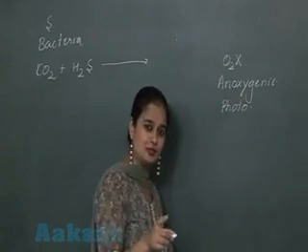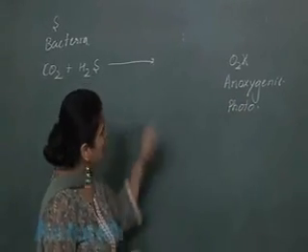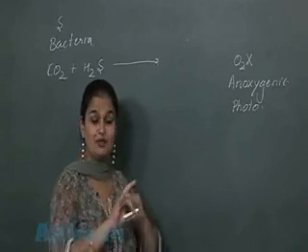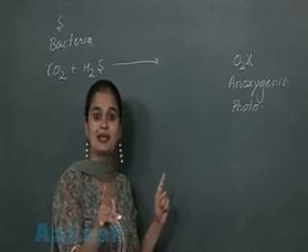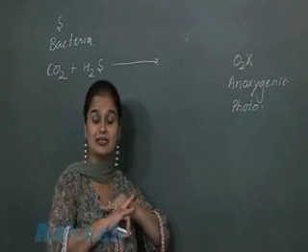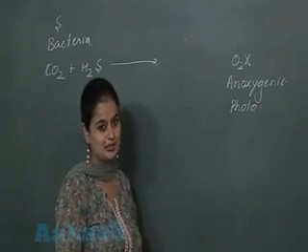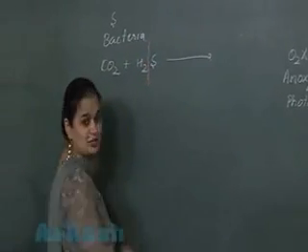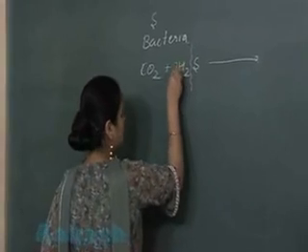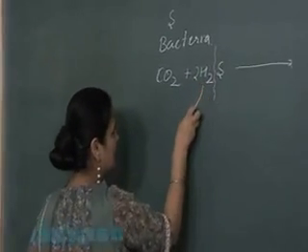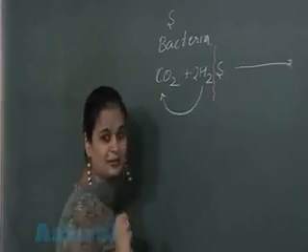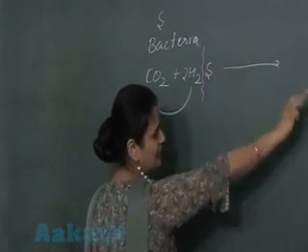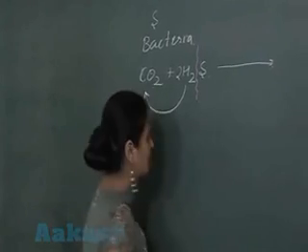So in spite of the utilization of carbon dioxide, in this bacteria during photosynthesis the oxygen release is absent, which showed that photosynthetic activity के time पर carbon dioxide की splitting नहीं होगी. Instead of that, there is breakdown of H2S. Yes, H2S का breakdown होगा. The hydrogen is utilized for the reduction of carbon dioxide to form the carbohydrates, and the sulfur is released as a byproduct along with the water.